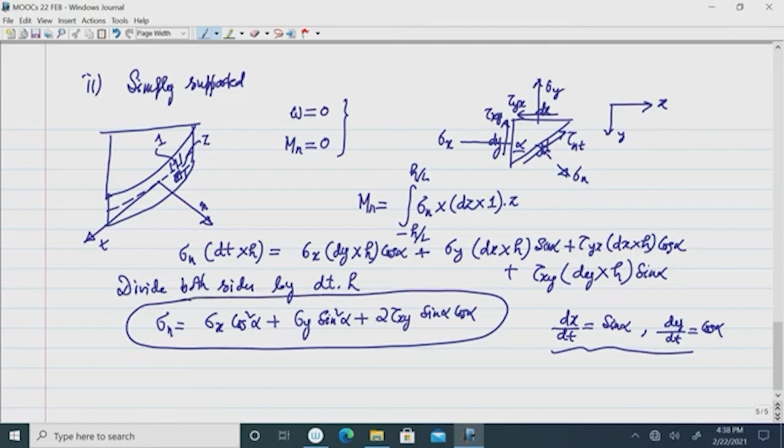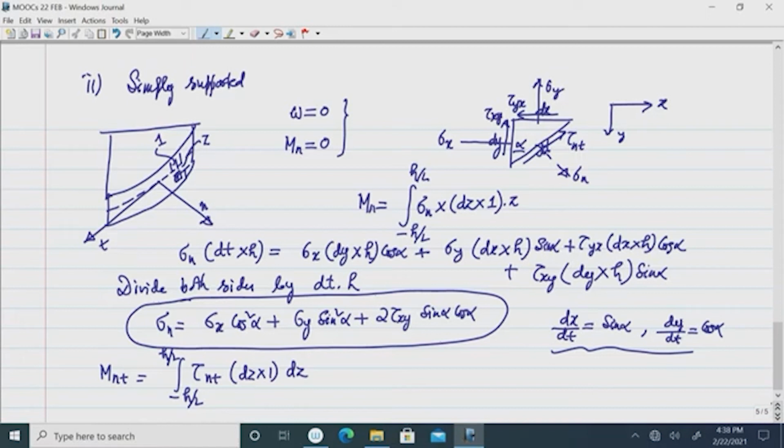Similarly, if I want to find the tangential stress component tau n t, which generates the twisting moment m n t, and similarly here dz into 1, if I take a unit width of the plate and integrate from h by 2 to minus h by 2, we need tau nt.